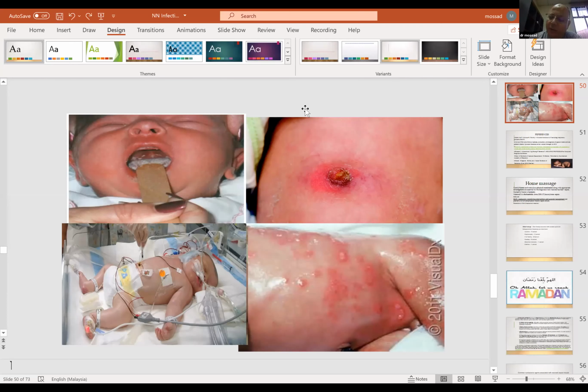Also, because you are using the antibiotic a lot, the microorganisms try to make their own defensive mechanism, so they will try to resist this antibiotic. It will start to give us methicillin resistance, and after that vancomycin resistance, and after that multi-drug resistance. So this is the issue.